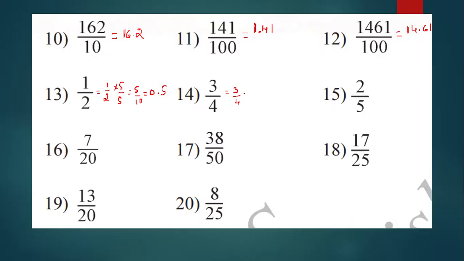Make it as 100. Just multiply numerator and denominator by 25. This is 75 by 100, 0.75.